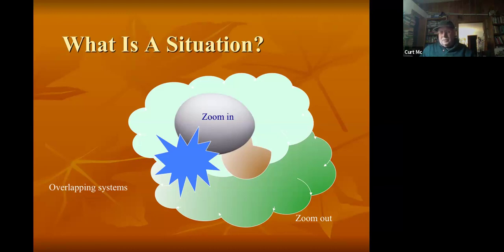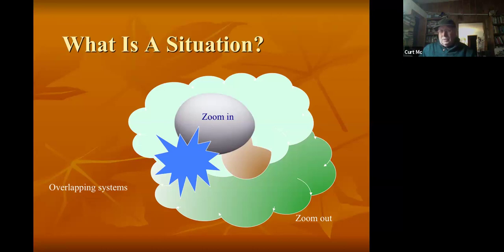This is a situation which looks like three different systems that are overlapping in the middle. It also has larger systems that surround all of those individual systems that are interacting.